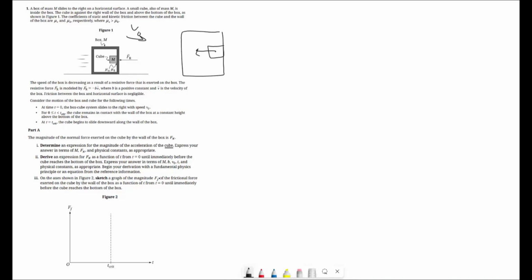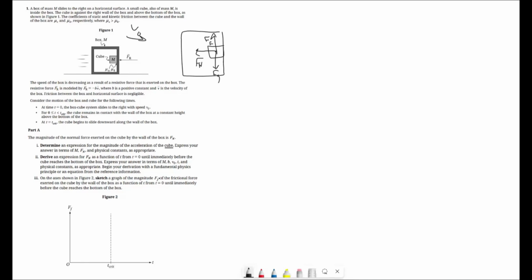That means the box is giving a normal force pushing on the cube to the left. That normal force is creating a friction force. We know gravity is pulling it down, so resisting that is the friction force going up.